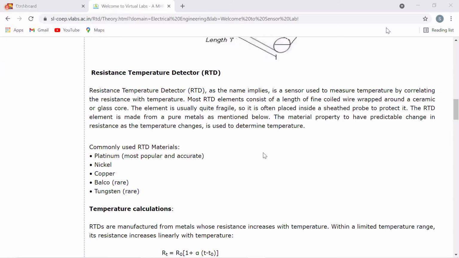Sir, platinum, copper, nickel, tungsten, balco. Which is the most accurate material? Platinum, sir. Okay. What is the full form of RTD? Resistance temperature detector. Right. Okay. Roll number 1.